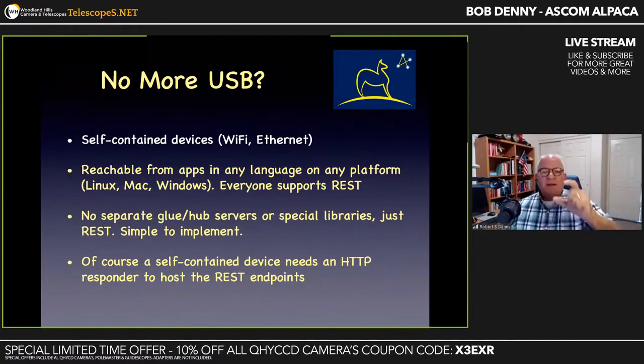And then being able to talk to your Linux box or your Mac with no wires. How cool is that? So any app in any language on any platform, everybody supports REST. No matter what language you use or what platform, you're going to find a REST library. So that's all you need.